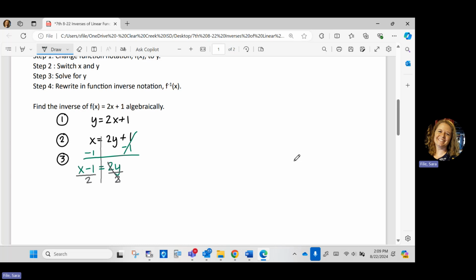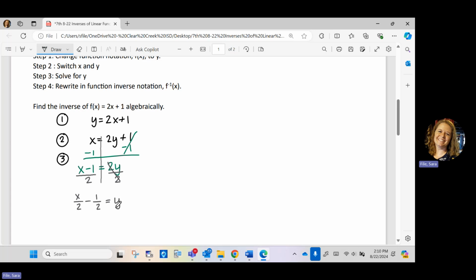Okay, I like to have my linear functions in slope-intercept form. So I'm just going to separate that. I'm doing x divided by 2, and I'm doing the -1 divided by 2. So you can separate it like this and individually divide them by 2. And that's the same thing.